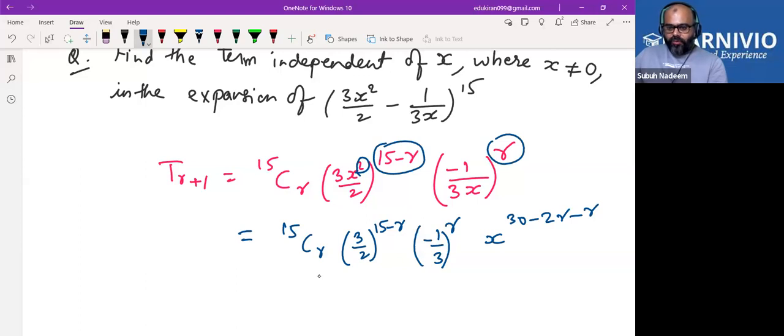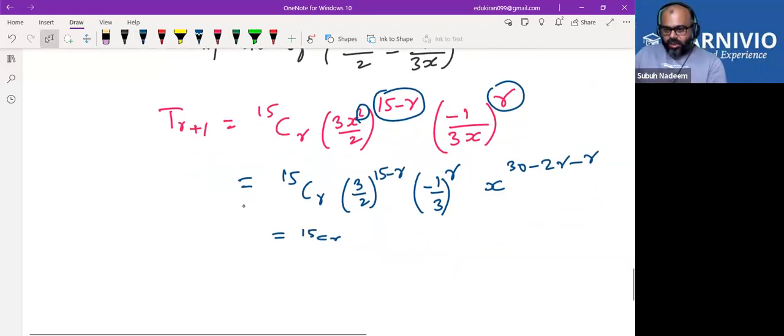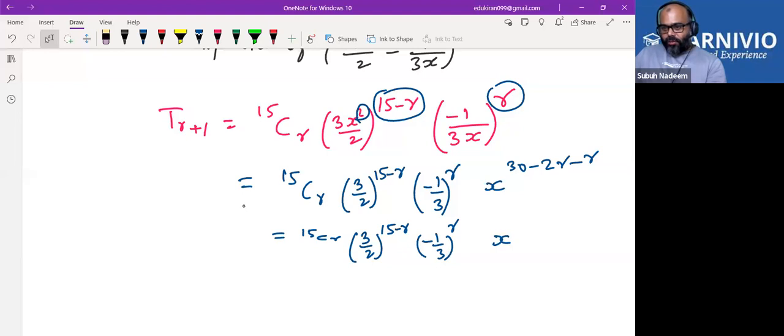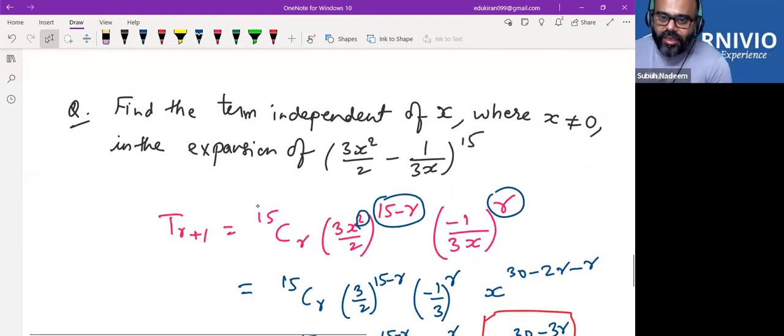So this will become 15C r and 3 by 2 to the power 15 minus r, and this is minus 1 by 3 to the power r, into x to the power 30 minus 3r. Now, the important point here is that the question says that it is independent of x.